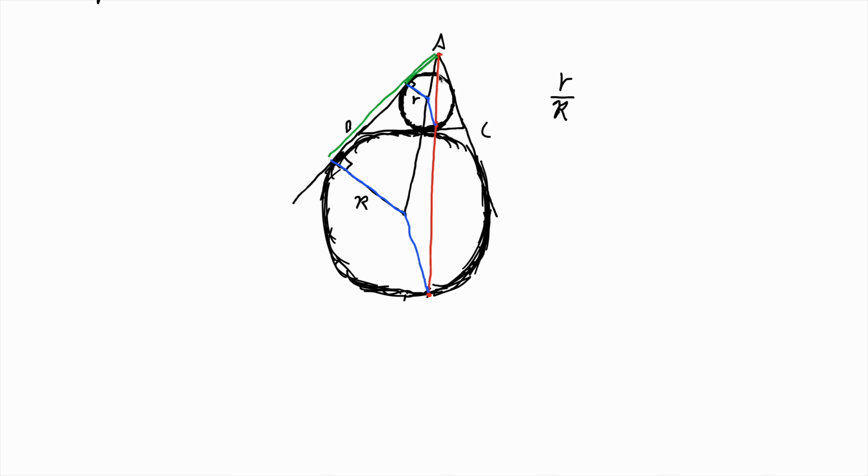Therefore, every point, if we define it in this way, using our red lines, has the ratio of small r to big R. Which means, just choose any random point, like here, on I sub 1, draw a line from A to that point and see where it leads on the big I sub 2.